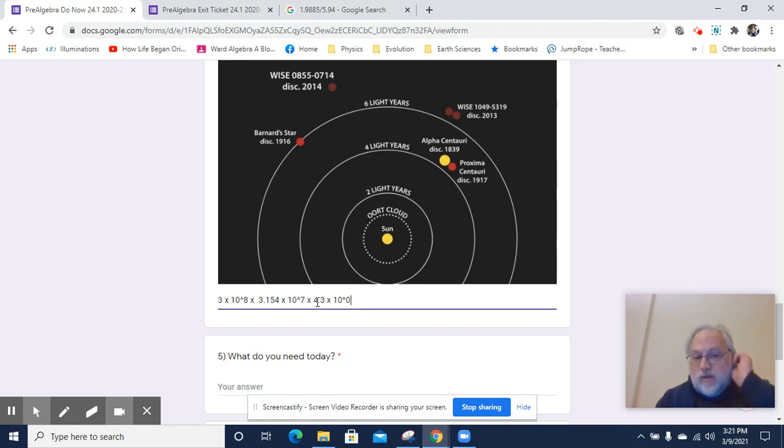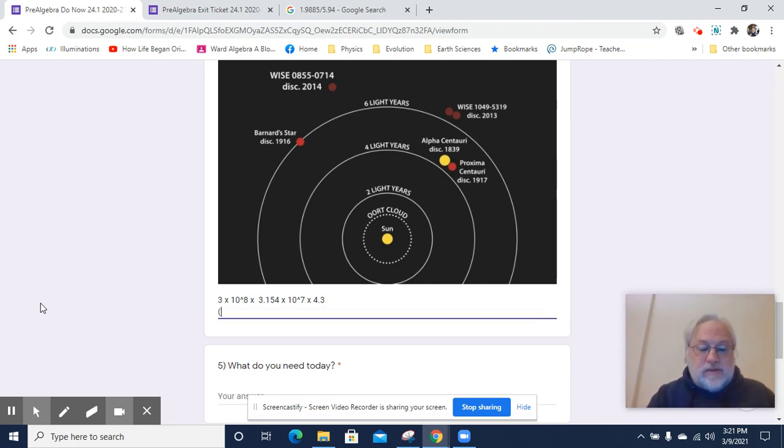I'm not going to really worry about 10 to the 0 because that's just 1. But I'm going to treat 4.3 as one of the coefficients when I group things. So I'm going to say 3 times 3.154 times 4.3. That'll be one grouping, and then I'll group 10 to the 8th times 10 to the 7th.